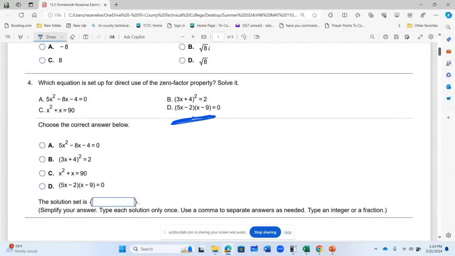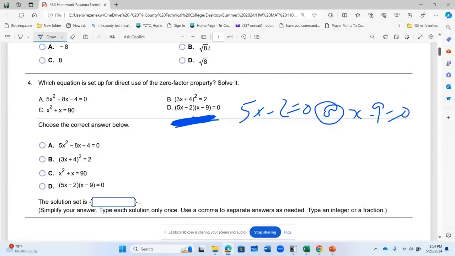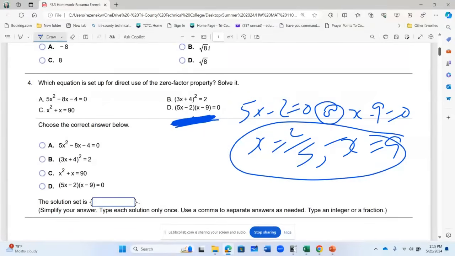If two functions or binomials are multiplying each other, then you can use the zero property. So I can do 5x minus 2 equal to 0, or x minus 9 equal to 0, and then you solve. You get x equal to 2 over 5 here, and x is equal to 9. So this is the zero property.